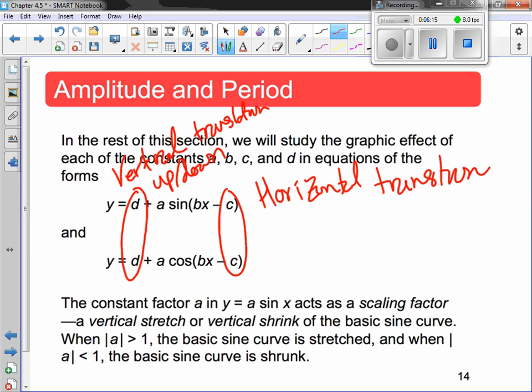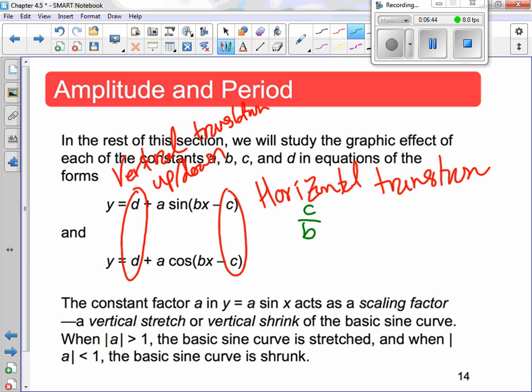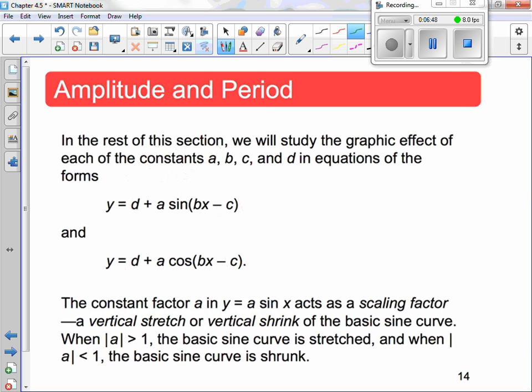Now for this here, we need to be careful, because when we talked about functions, we threw out horizontal translations, or not horizontal translations, horizontal stretches and shrinks. We mentioned it briefly, but we didn't really talk about it. And that comes into play here, because really this horizontal translation is going to come in the form of C over B. Because for both of these here, I'm going to erase everything.